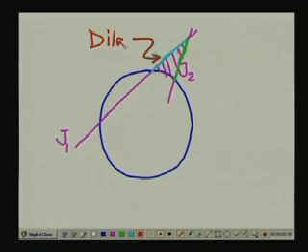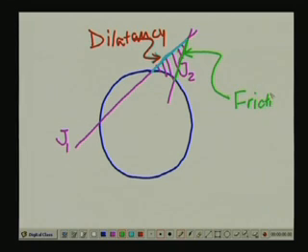So, dilatancy here, and at the bottom you are going to have a frictional strength plus dilatancy.